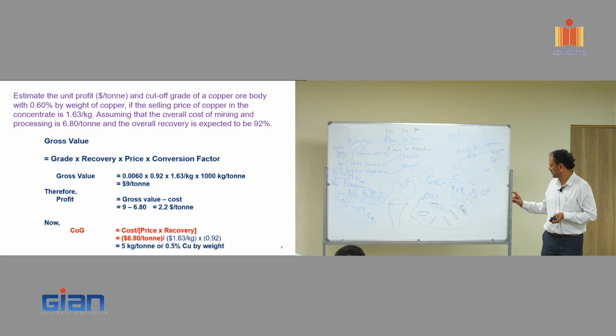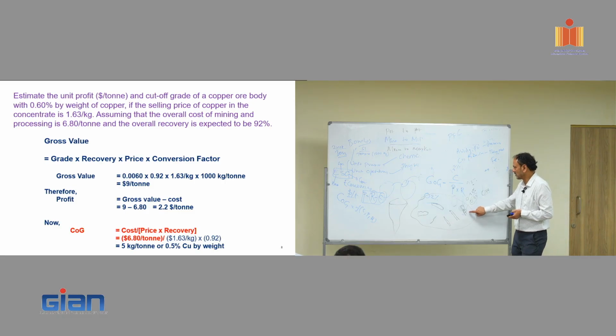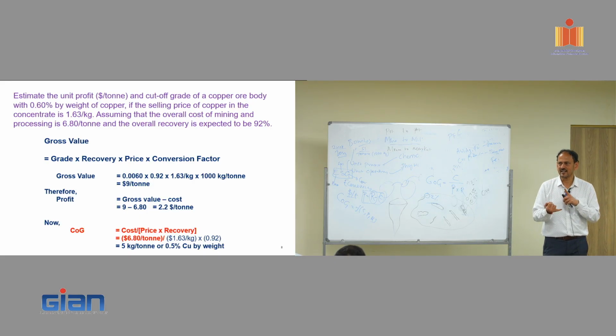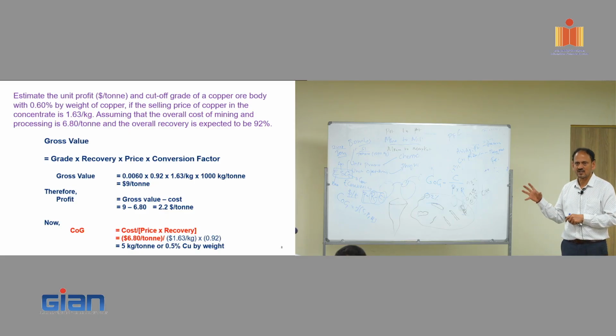What exploration geologists do will be used by mining engineers, and what mining engineers do will be used by processing engineers, chemical engineers at the plant, because they want the best grade, so that you use less reagents, less crushing, less grinding.